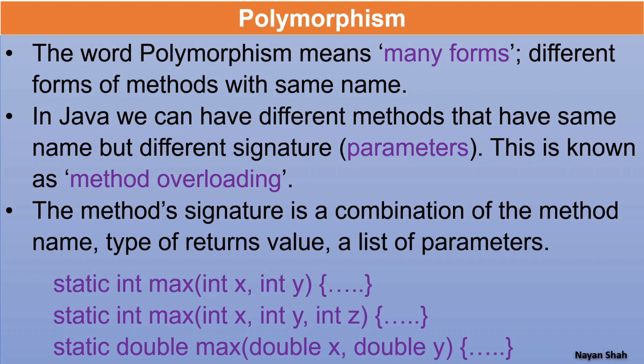The return type is double, and the parameters are double x and double y. So we can have more than one method with the same name in Java, but its signature must be different. Only then will the compiler be able to differentiate between those methods.